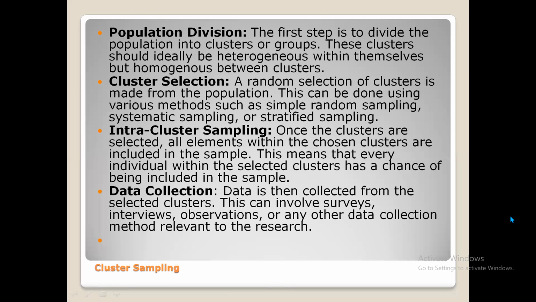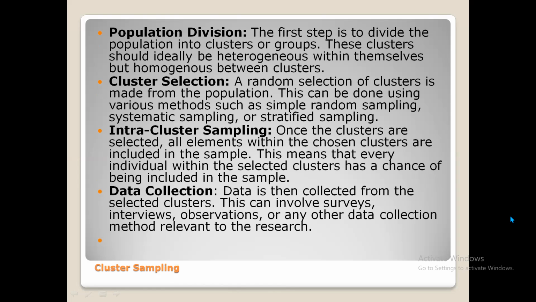Then cluster B is Umoma. Inside Umoma, they are male, female, children, old people, making them also heterogeneous. In cluster C, Ndiuba, they are male, female, children too, making them heterogeneous.